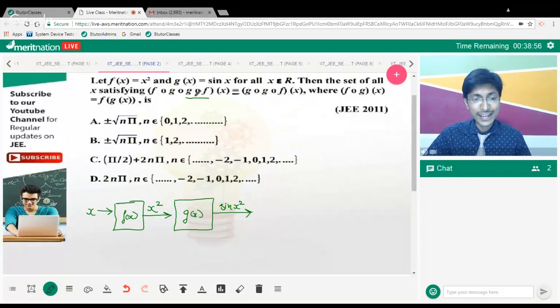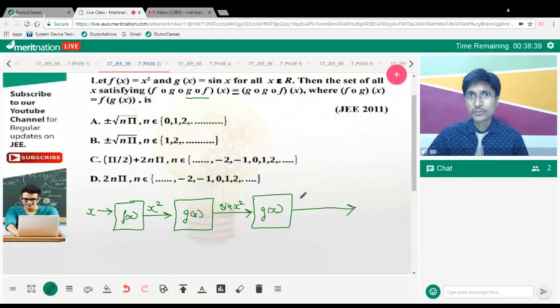Now again we have one more g. So again we have g(x). What will be the output? It will be sine of the input, and my input was sine x square, so this will go sine of sine x square. Now, after taking two g's, we again have f with us.